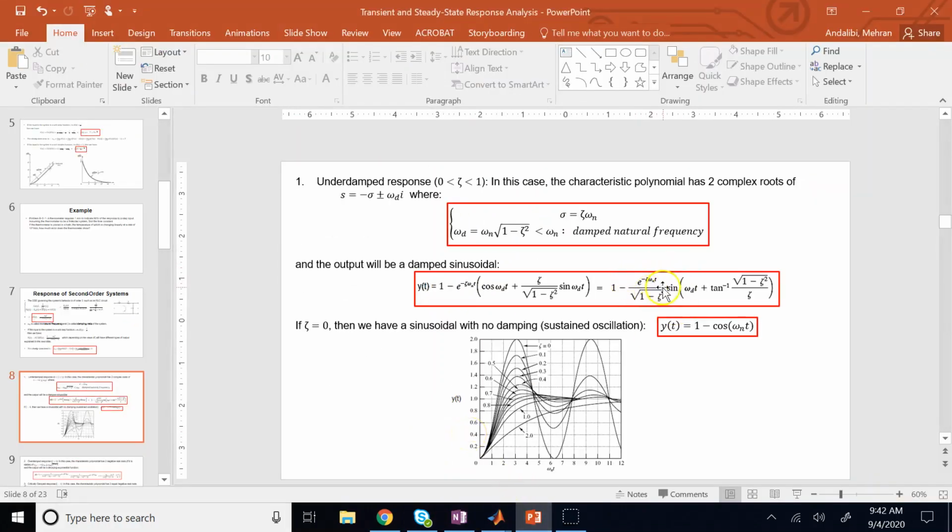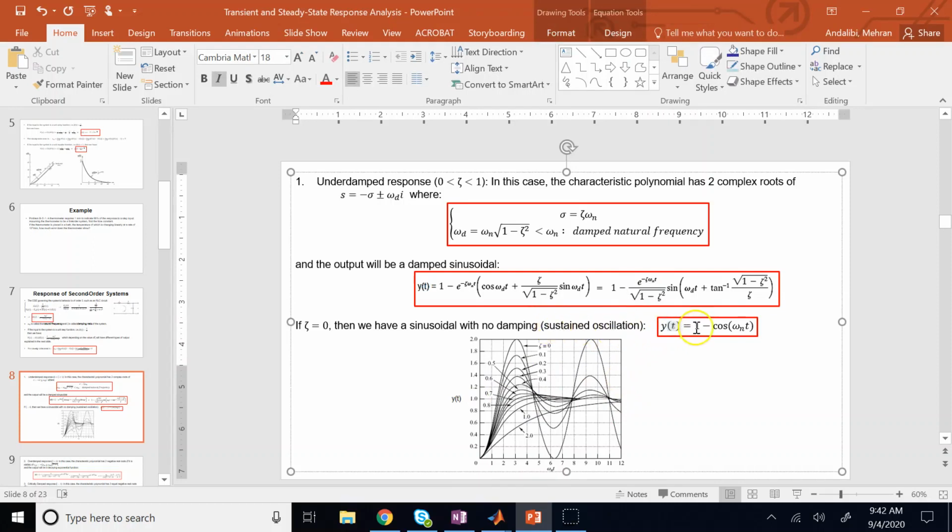Anyways, so you clearly see it is a damped oscillation, and now if zeta is 0, which means no damping, then of course you're not going to have any decay in the response, so you will get what? Sustained oscillation, which is this top curve here.